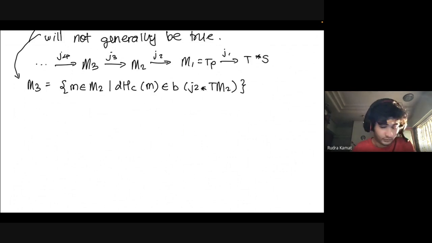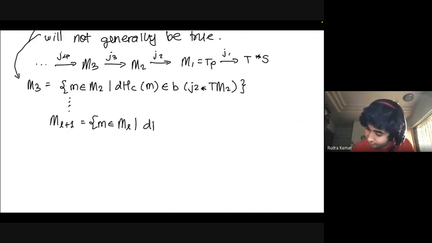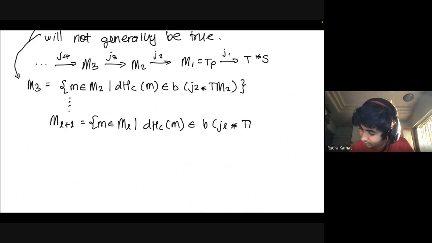Okay, and then we keep doing this until we have full tangency. So say M L plus 1, M belongs to ML such that DH of C of M belongs to B of JL, the push forward of TML.